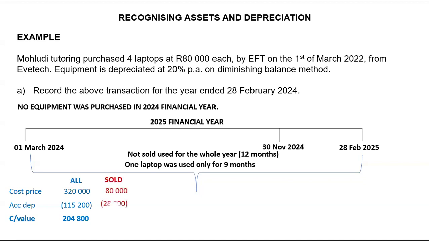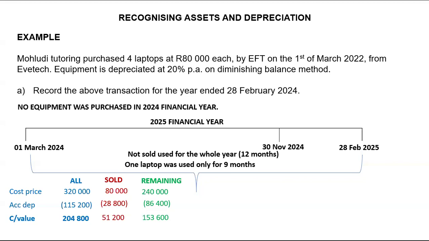Subtract the accumulated depreciation. And then the cost of the remaining will now be 320 minus 80 will give you 240. 115,200 minus 28,800 will give you 86,400. So that is accumulated depreciation of the remaining. So I'm just left with the remaining.